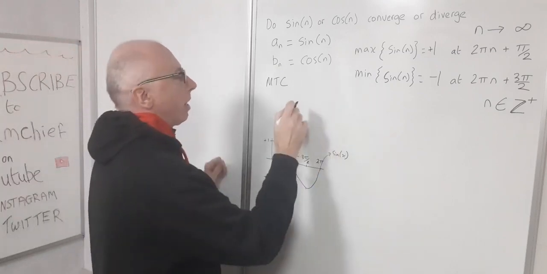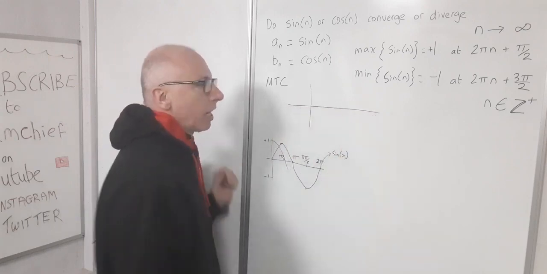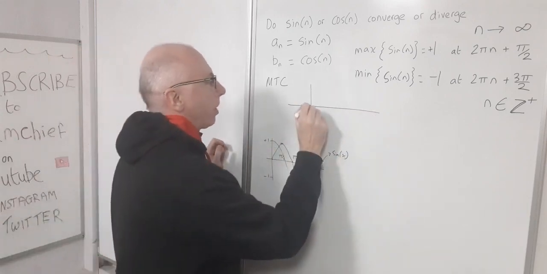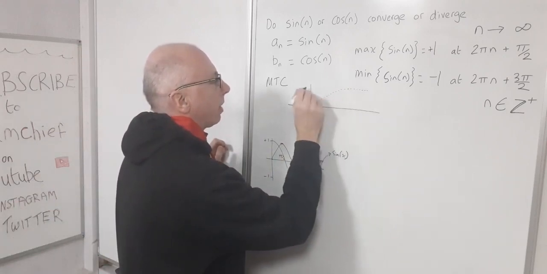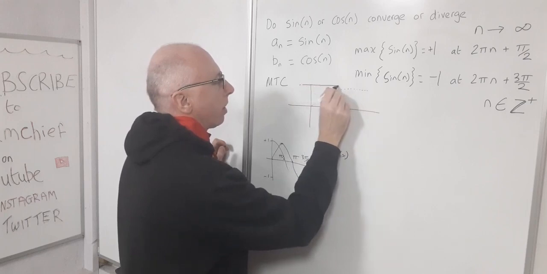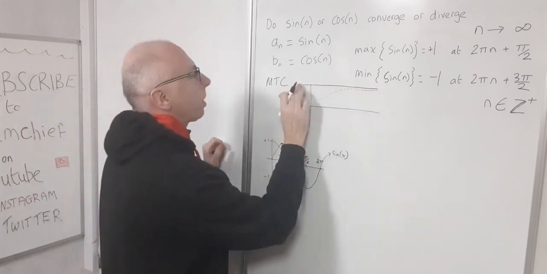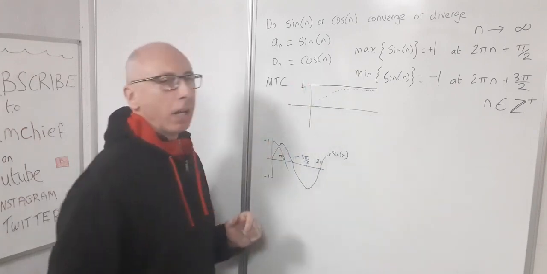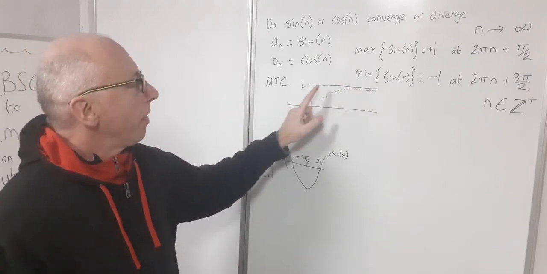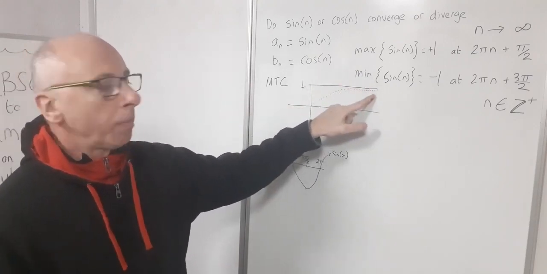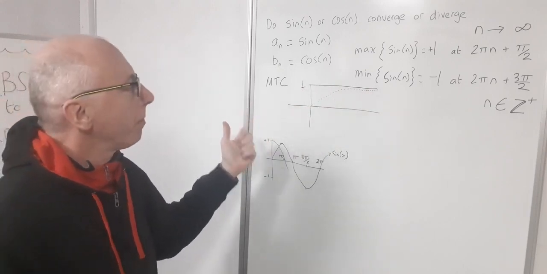For example, if the sequence follows this kind of pattern and approaches a value along its sequence which is equal to L, that will be our limit. If it's strictly increasing and approaching L but doesn't go past L, then we can say this converges by the Monotone Convergence Theorem.